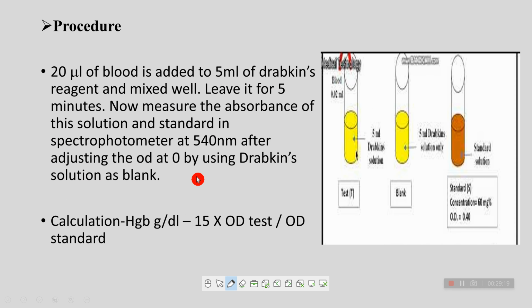Moving on. Now focusing on the procedure of this cyanmethemoglobin method. To perform it, we need 3 glass test tubes and we have to label them as blank, standard and test.